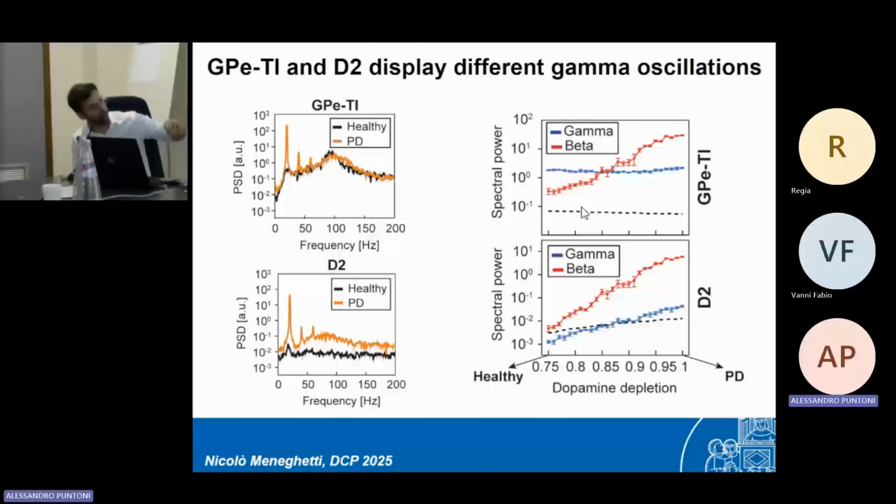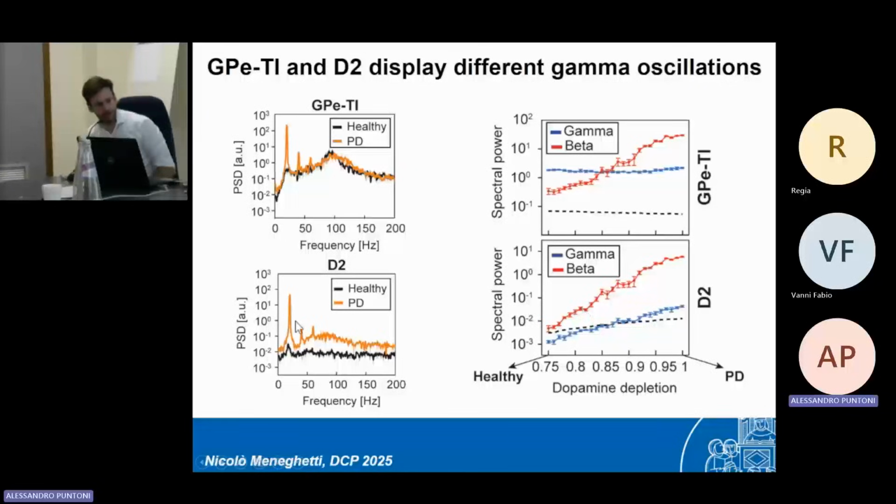And you can see there are some differences between the two gamma oscillations. First of all, the GPeI displays very fast gamma oscillation that does not change much between the Parkinsonian condition and the healthy one. You can see on the right that when we transition between healthy and Parkinson's disease, that is, when we increase dopamine depletion, we observe, as a sanity check, that beta power increases, as observed experimentally, while in the globus pallidus the gamma oscillations remain almost constant in power.